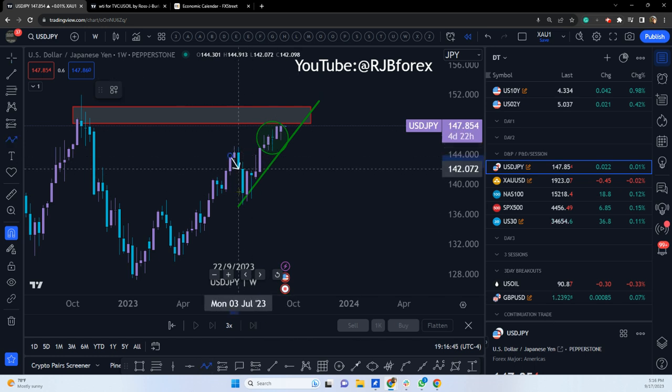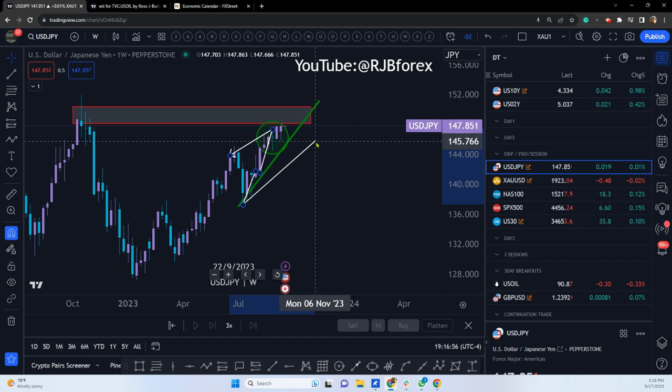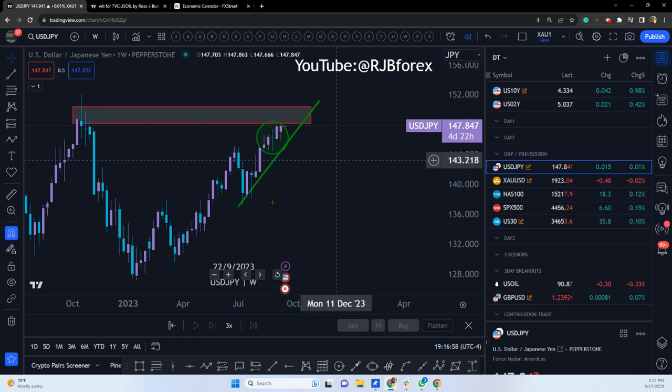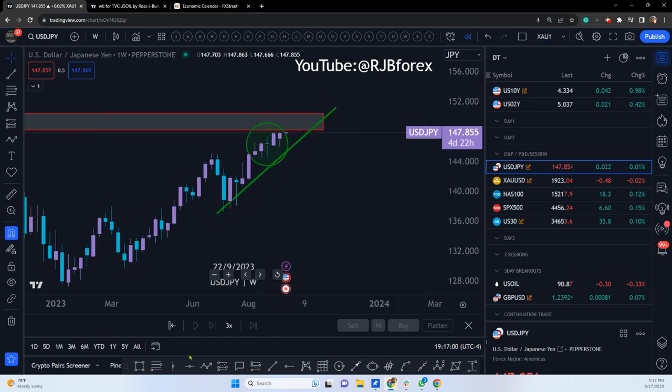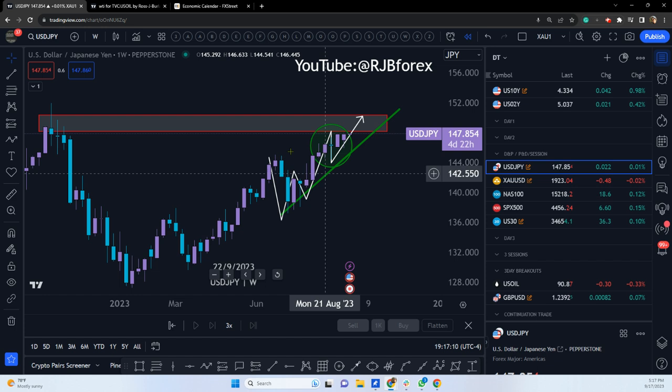So the W formation fulfilled some of its role, but only into the prior resistance. So perhaps that should be noted. Try and draw that again. W formation, pull back into resistance, and a continuation to the upside.